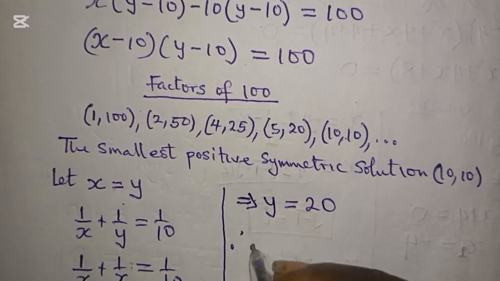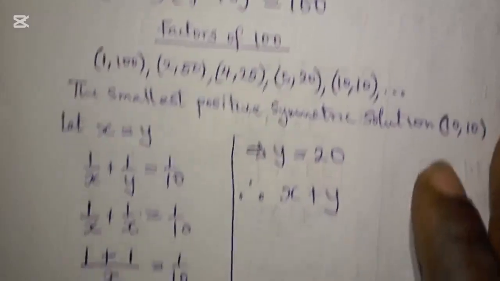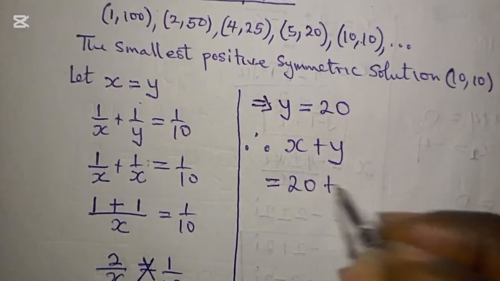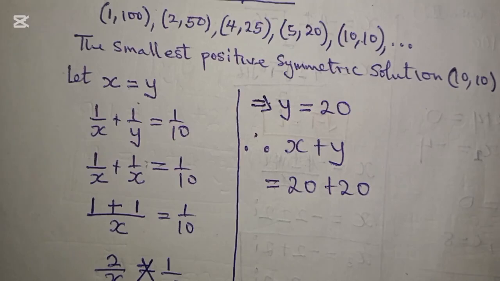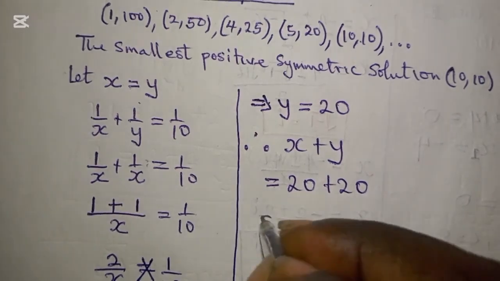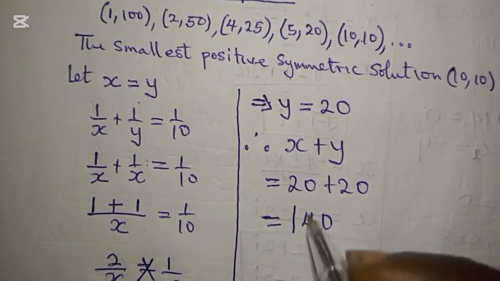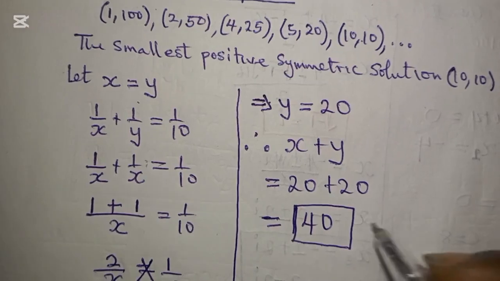So therefore, x plus y is equal to 20 plus 20. If we add 20 plus 20, that will give us 40. That is the final answer to the question.